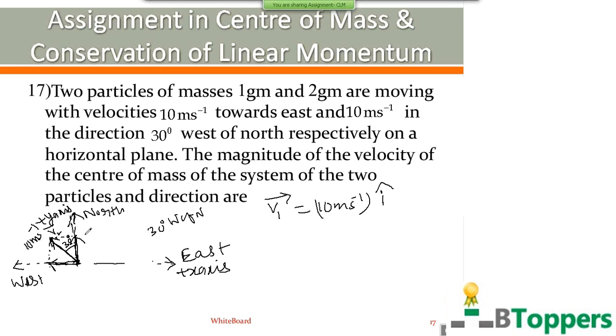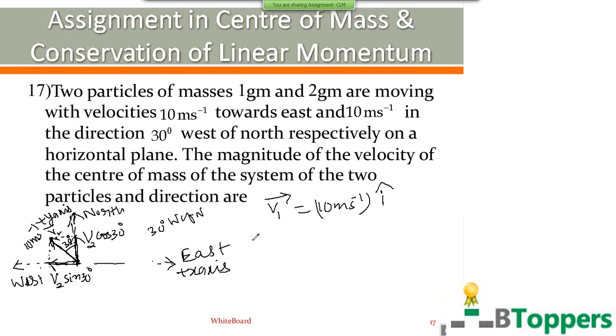The component velocity of the second particle directed towards north, which makes 30 degrees with v2 bar, will be equal to v2 cos 30 degrees. The other component will have magnitude v2 sin 30 degrees. That means the velocity of the second particle has rectangular components along the west and north directions, that means along the negative x-axis and positive y-axis.